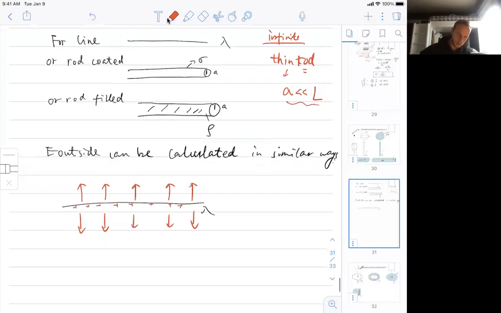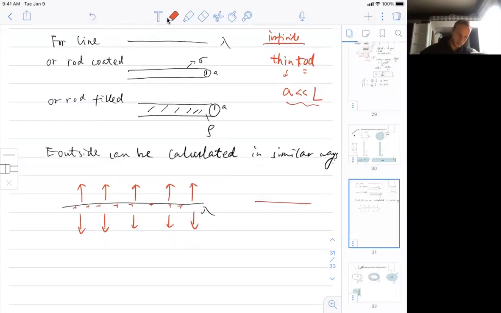Now you could do this exercise by evaluating a little chunk here, right? So that gives you a dE this way, and you can always find a symmetric point that gives you a dE that way, giving your overall E this way. Because it is infinite long, whichever point you find here, you can always find a symmetrical point on the other hand.